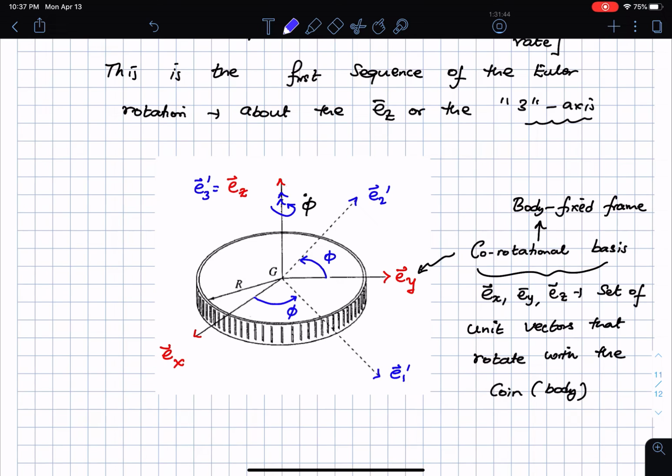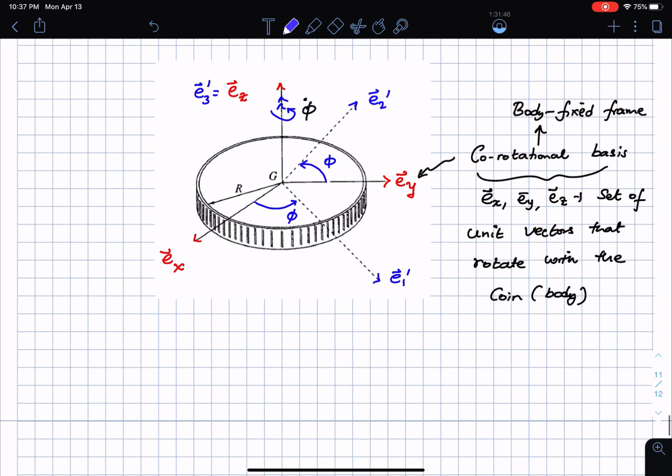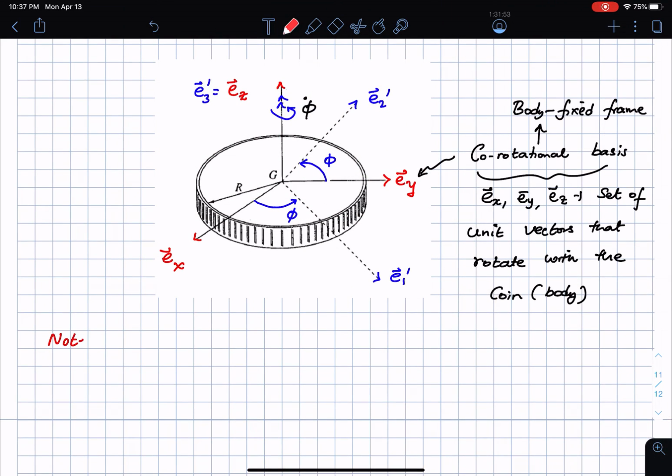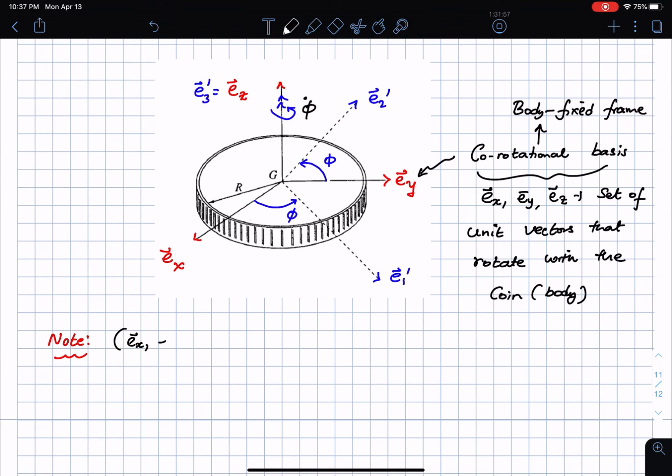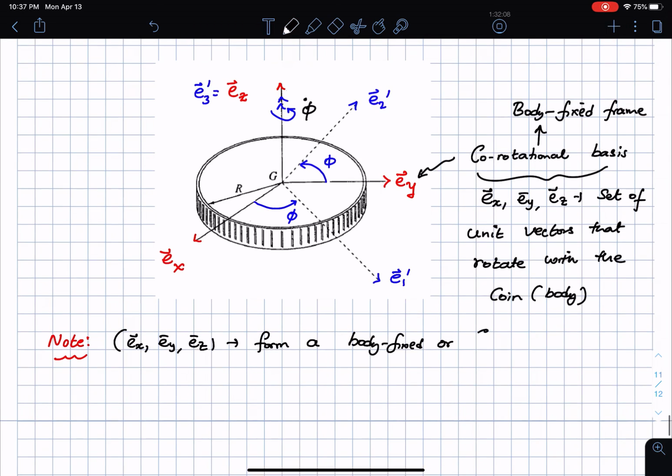Okay, so just to make a note, I usually use the black color, red color for the note. So note EX, EY, and EZ here form a body fixed or co-rotational basis in the first sequence of rotations.